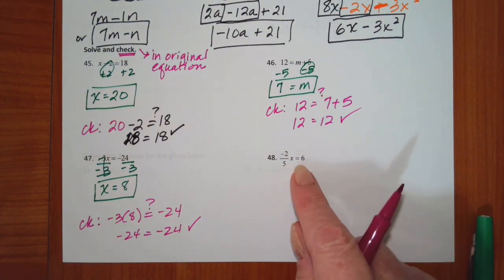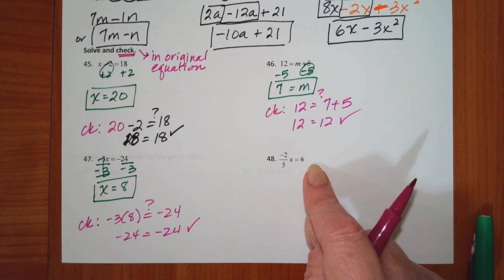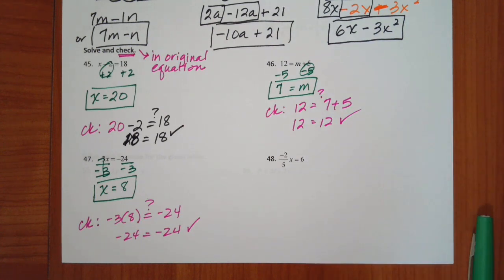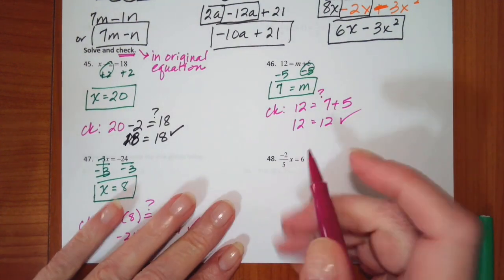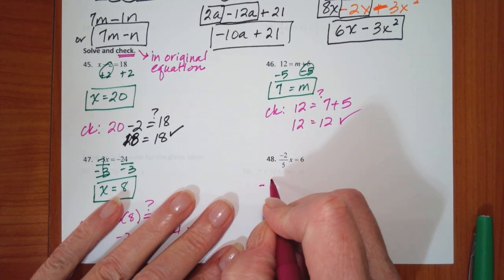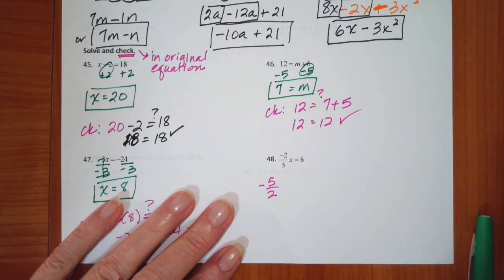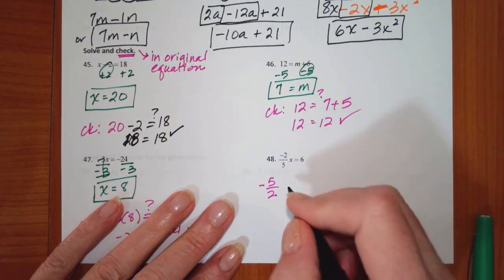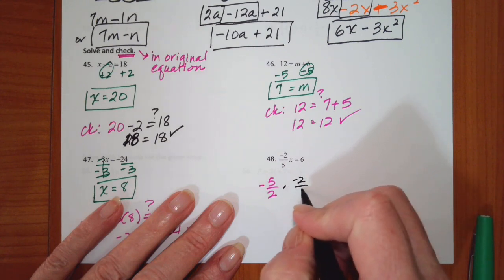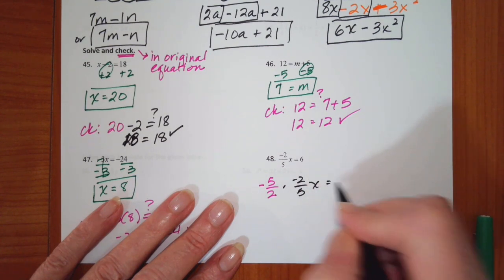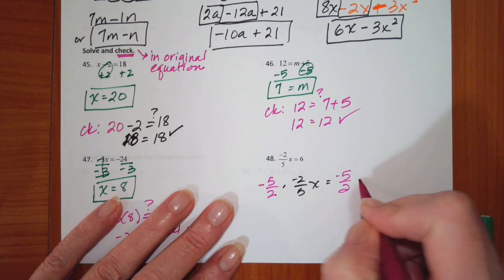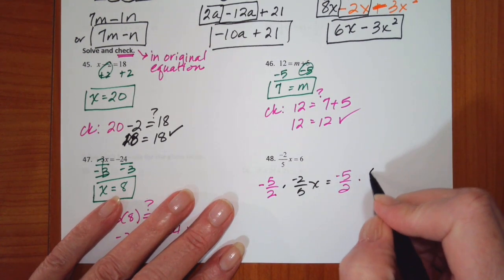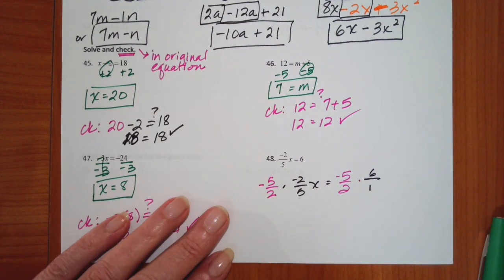If I have negative 2/5 x is equal to 6, then I can multiply both sides by the reciprocal. So this will become negative 5 over 2 times negative 2 over 5x is equal to negative 5 over 2 times 6, and I'll put that as 6 over 1.